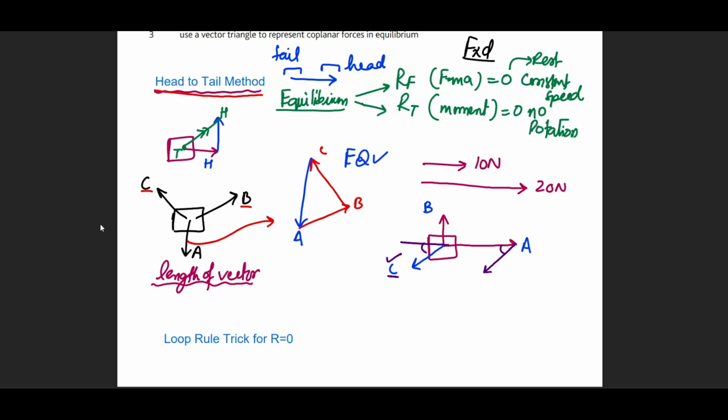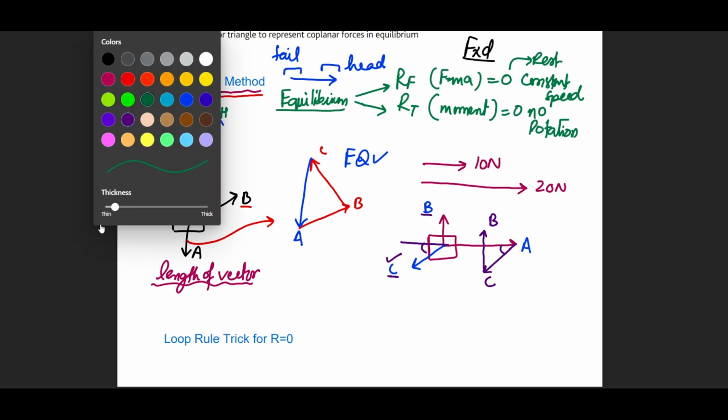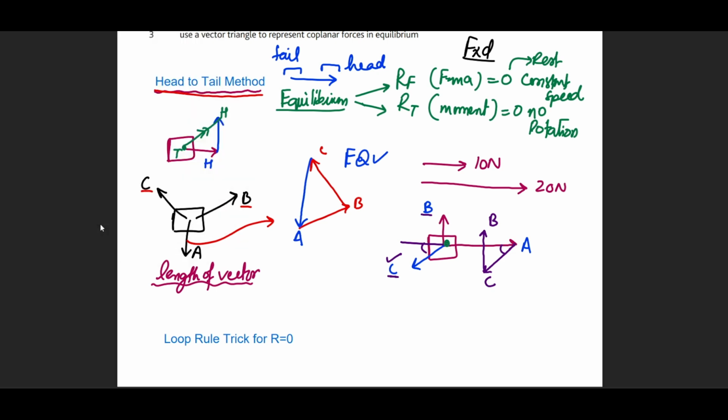And then I replace this vector B from the last starting position of C. So when I replace B in the situation by copying exactly the same style, I realize that B is going somewhere along this line. So this is where B ends. Now the whole question was actually starting from this point. This was the starting point of vector A, or you can say the tail of vector A, and this is the head of B, the last vector.